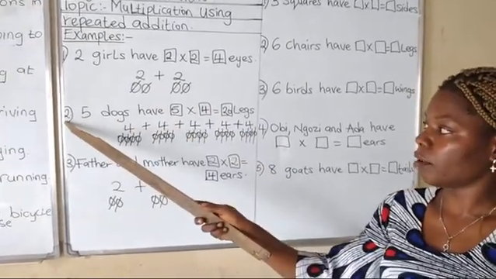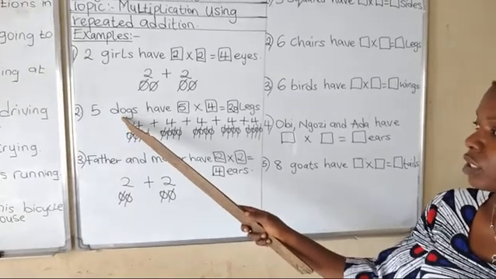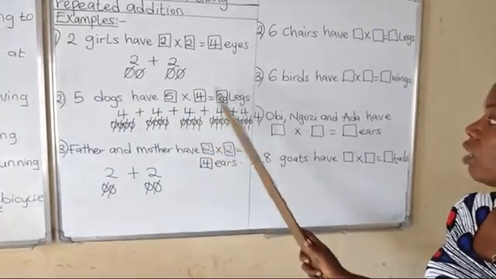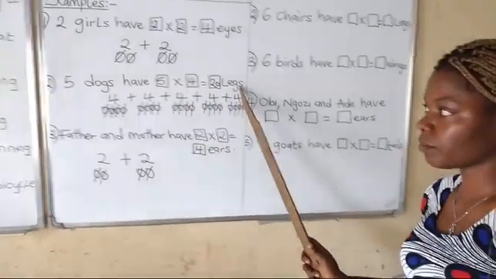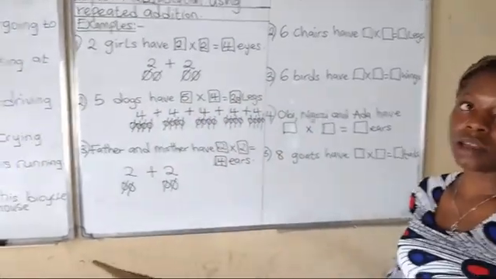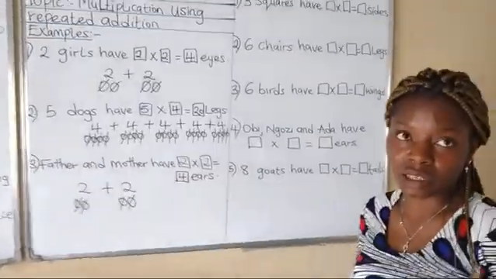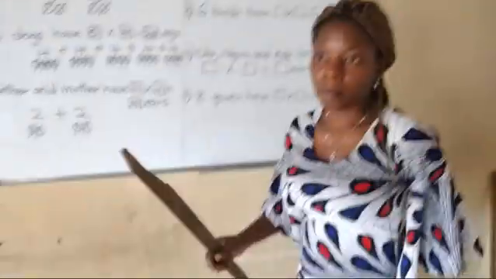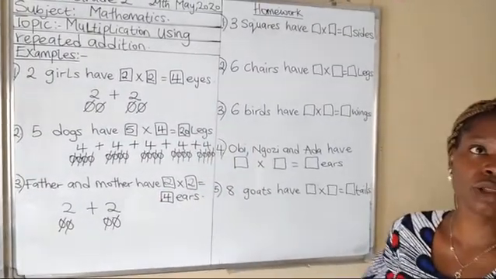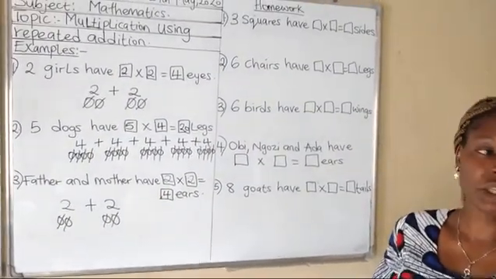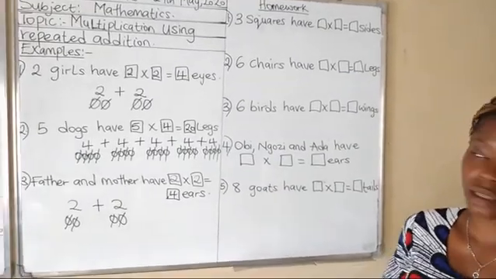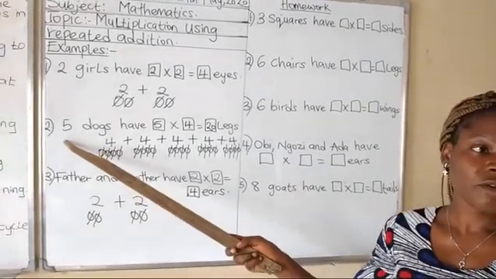Number 2 example. 5 dogs have box times box equal to box legs. The first question you ask yourself is, how many dogs are we talking about? Children, how many dogs are we talking about? 5.